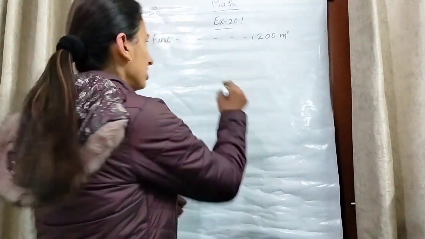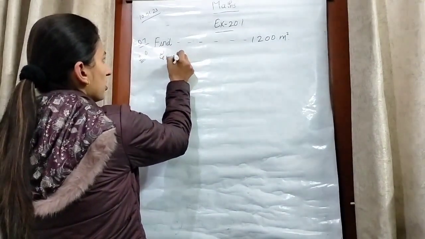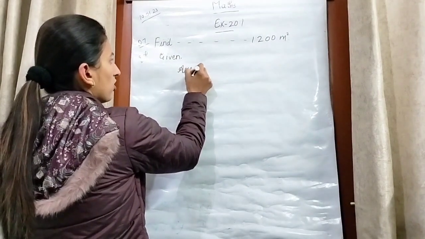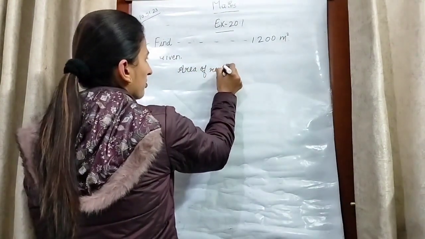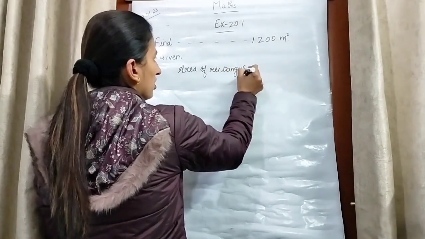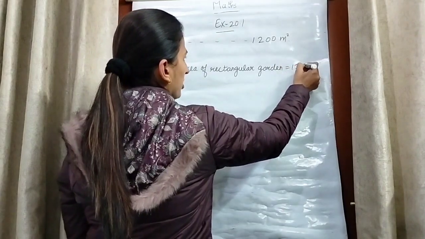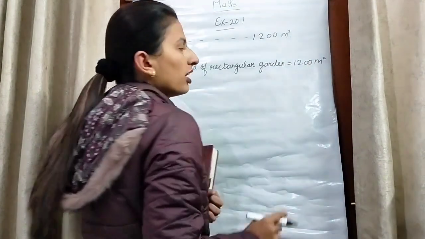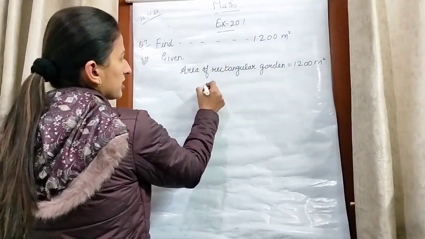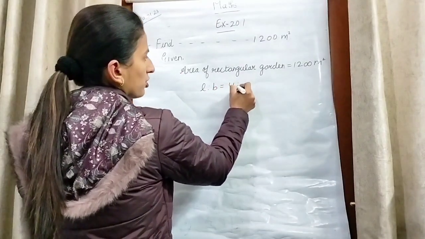So always in the solution, first of all we have to write the given, which is simply given area of rectangular garden. Area of rectangular garden is 1200 meters square, and ratio of its dimension is given, that is 4:3, means L ratio B is given 4:3.